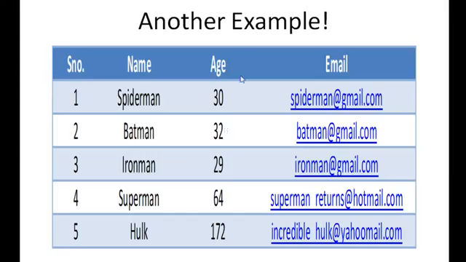And then age again is a number. Suppose tomorrow you want to modify this table, and instead of mentioning age you want to mention the date of birth of a superhero, right? Spider-Man is 30 years old, so subtract 30 from 2013, you get 1983, right? So if you want to put 1st January 1983 as a value in this table, you can do that by having another column and calling it DOB, date of birth, or you can change this and make this DOB, and in that case the data type of the field would change from number to date, right?